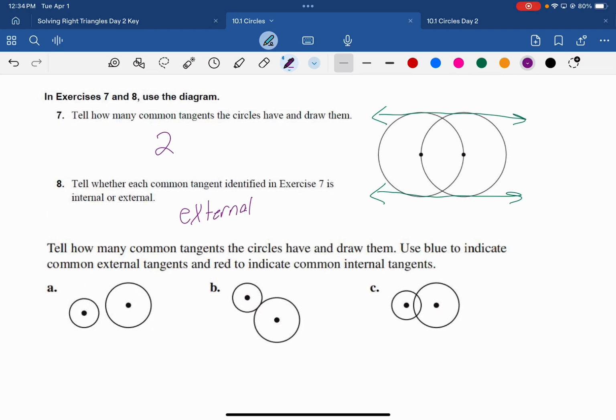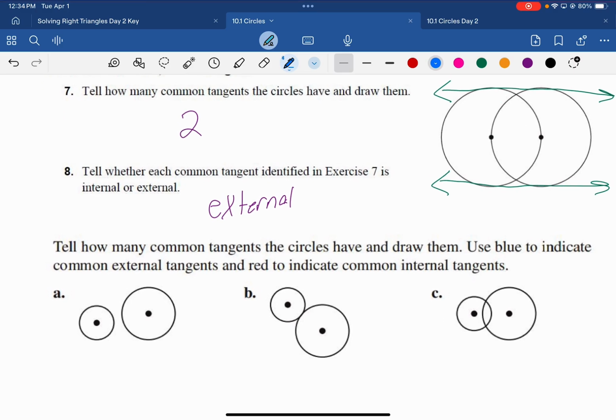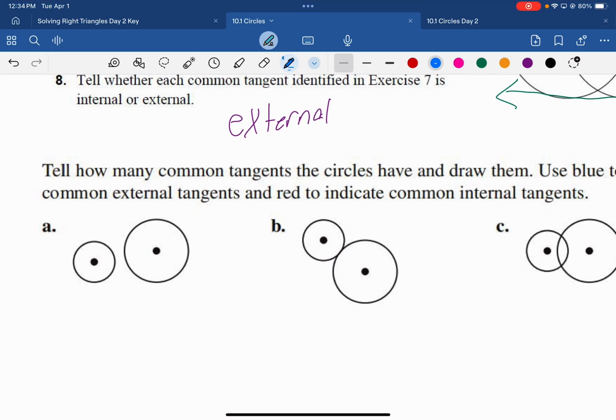All right, next one. If you have two different colors, I would do this with two different colors. It says use red and blue. I don't care what two you use. Tell how many common tangents the circles have and draw them. Use blue to indicate common external and red to indicate common internal. All right, so let's do the blue first. So the external. On letter A, where can I draw an external one?